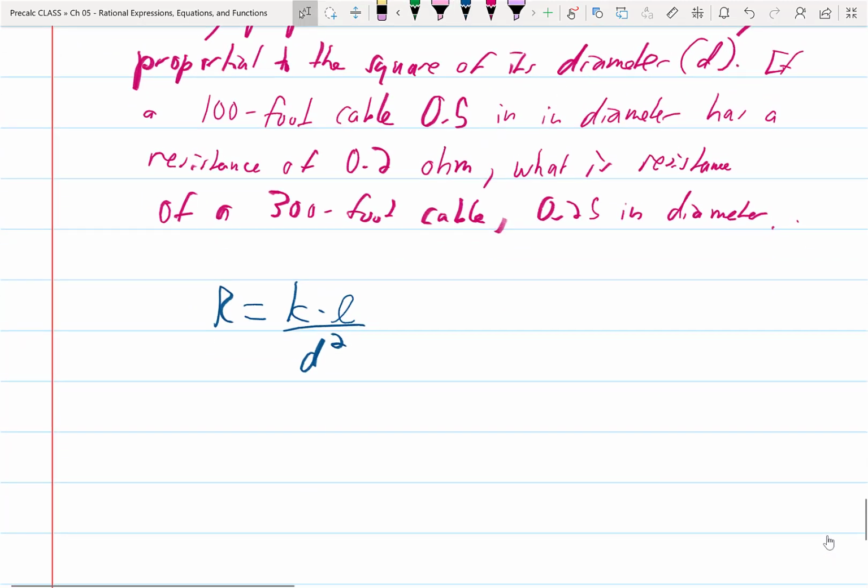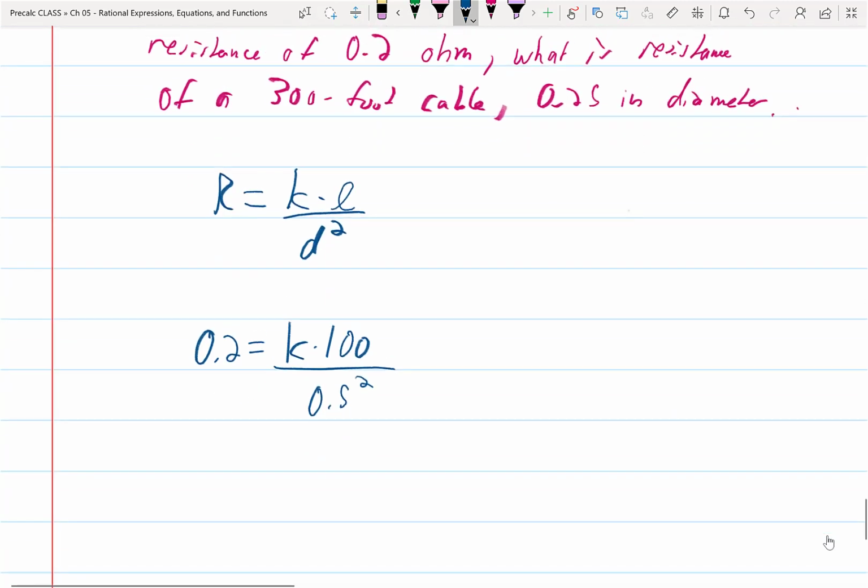And then I'm going to use the information it gives me. 0.2 ohm resistance equals K times 100 foot length divided by 0.5 squared for diameter. So 0.2 is equal to 100K over 0.5 squared is 0.25.